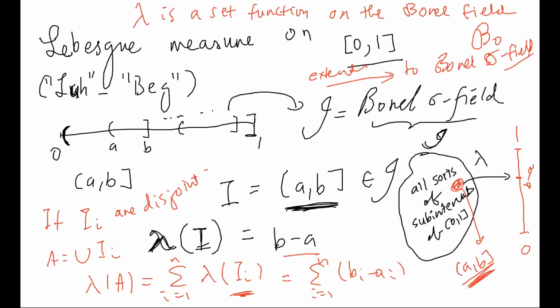The usual introduction is that you first talk about lambda as a set function on a field. Then it turns out that it is also a set function on the sigma field. Remember that the sigma field contains countable intersection operations, whereas your field does not.